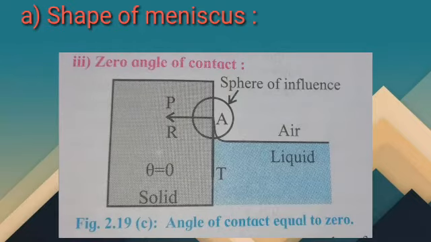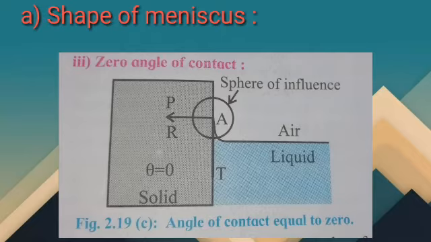Phenomenon of zero angle of contact. The figure shows the angle of contact of a liquid, highly pure water, which completely wets a solid. With a clean glass surface, the angle of contact in this case is almost zero. In this case, the liquid molecules near the contact region are so few in number that the cohesive force is negligible.